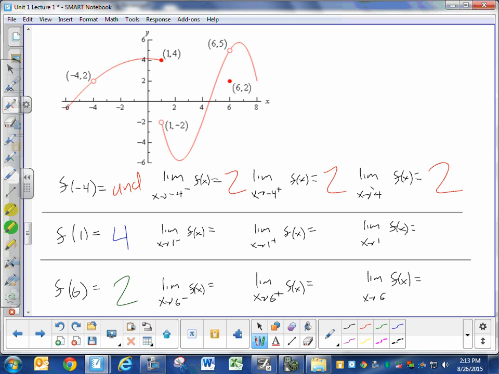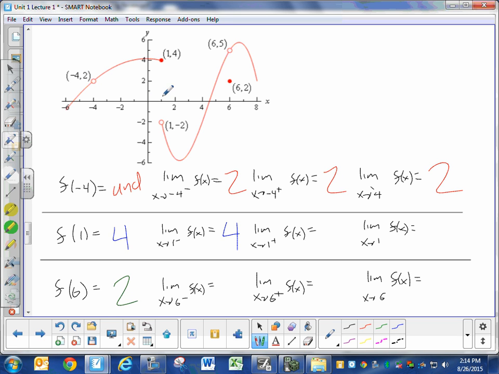Well, if we look as x approaches 1 from the left, so here's 1, I'm to the left of 1. Where are my function values? They're up here. So as I get really, really close to 1 for my inputs, my y values are getting really, really close to this top point here at 4. So this is 4.